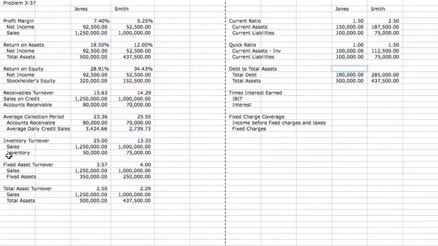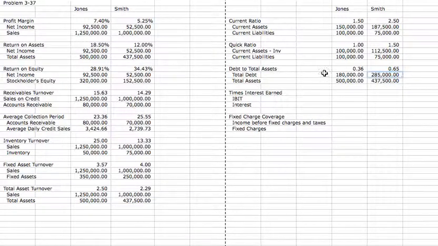So to calculate debt to total assets, we just take our total debt figure, divide that by the amount of assets we have, and that gives us our debt to total assets ratio. And you can see that in this case Smith is more leveraged.